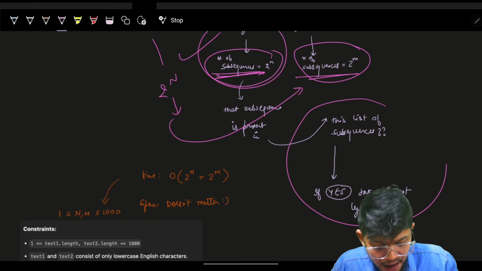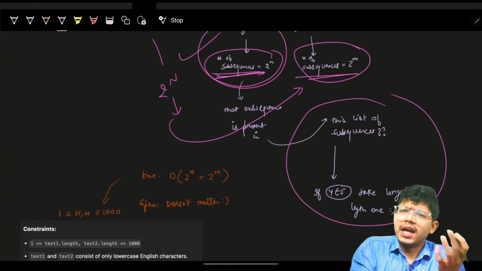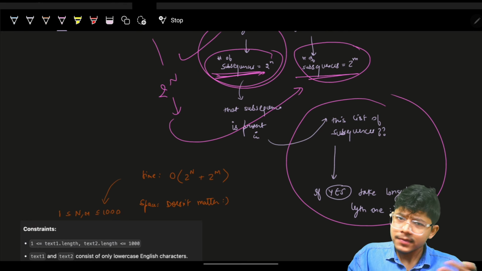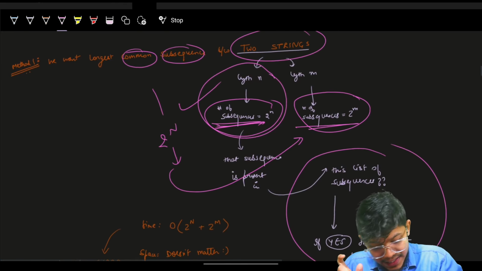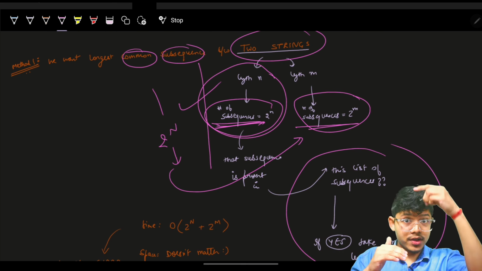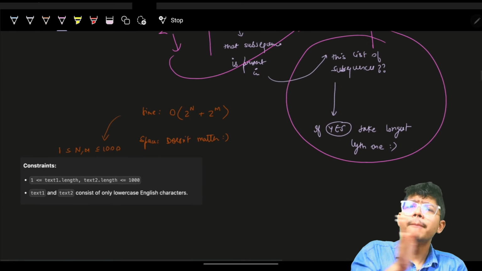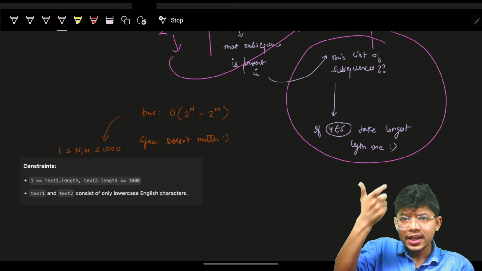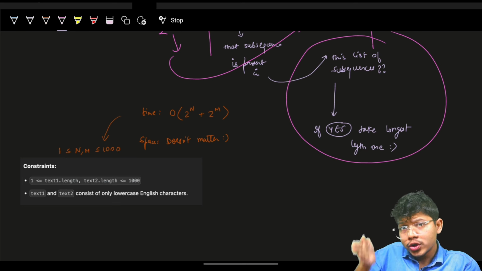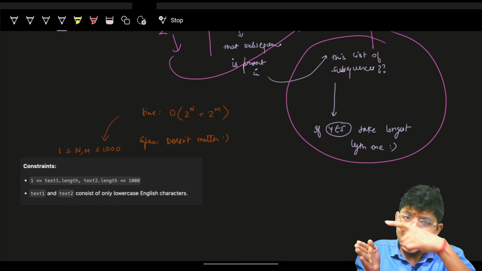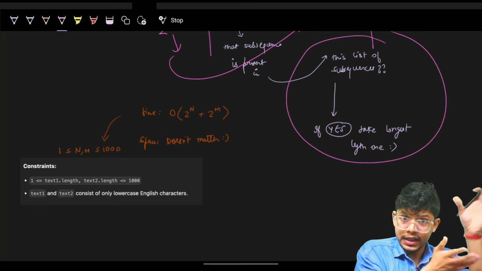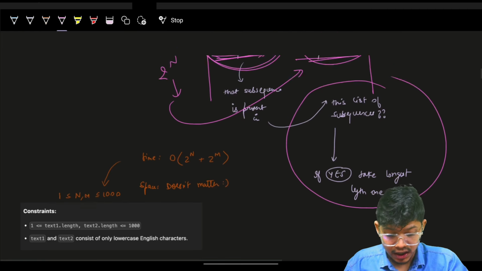So you generate all these subsequences of length n and all the subsequences of length m, and then compare: iterate on all of those 2 to the power m strings and check if each one is in the list on the right side.